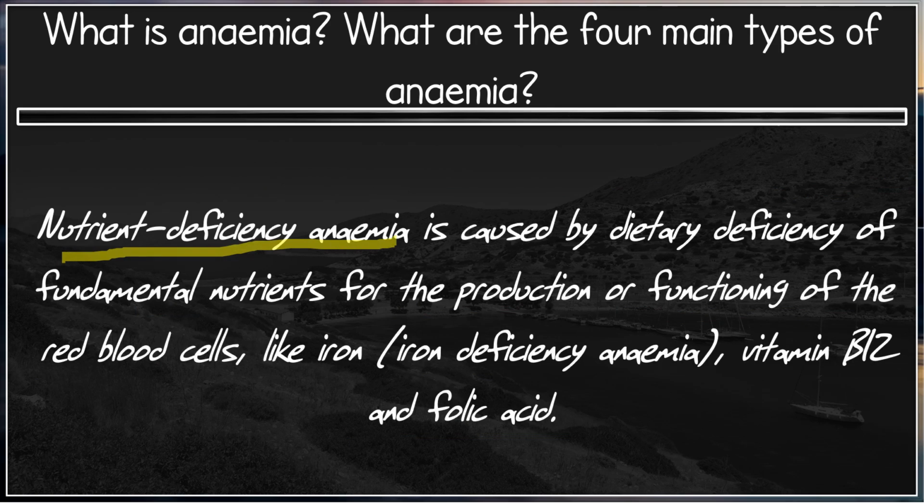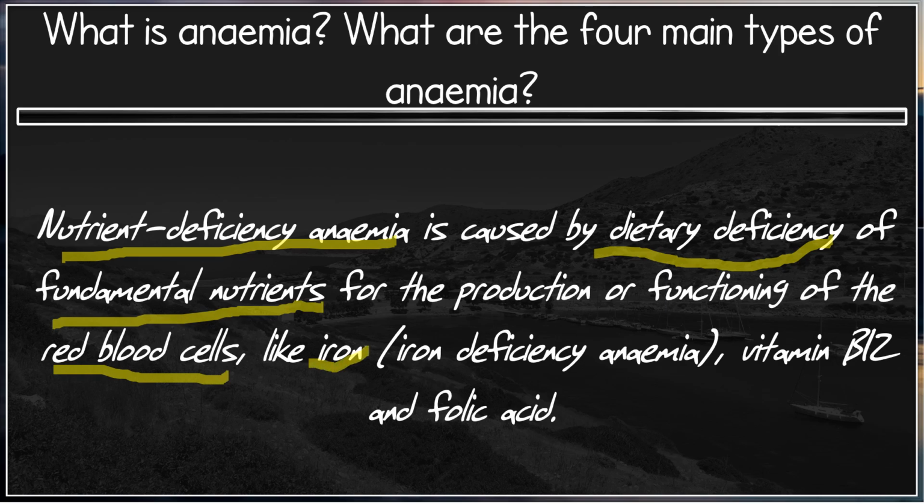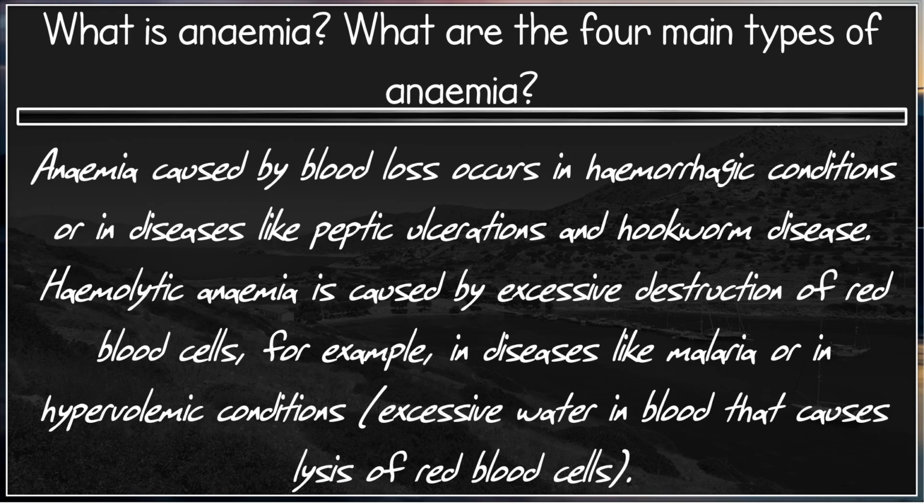Nutrient deficiency anemia is caused by dietary deficiency in fundamental nutrients for the production and functioning of the red blood cell, like iron deficiency anemia, vitamin B12, and folic acid. Anemia caused by blood loss occurs in hemorrhage conditions or in diseases like peptic ulceration and hookworm disease.